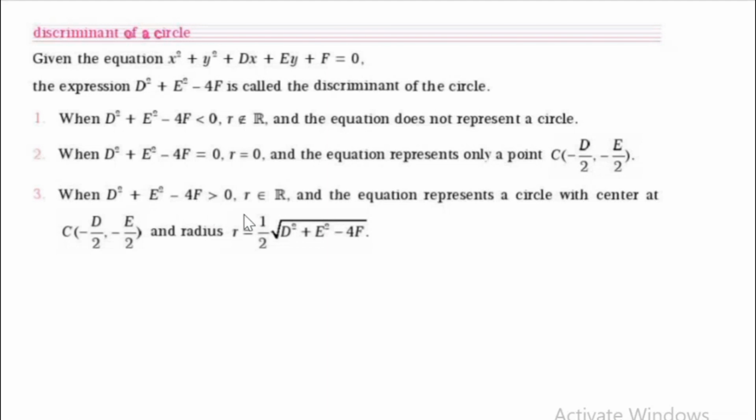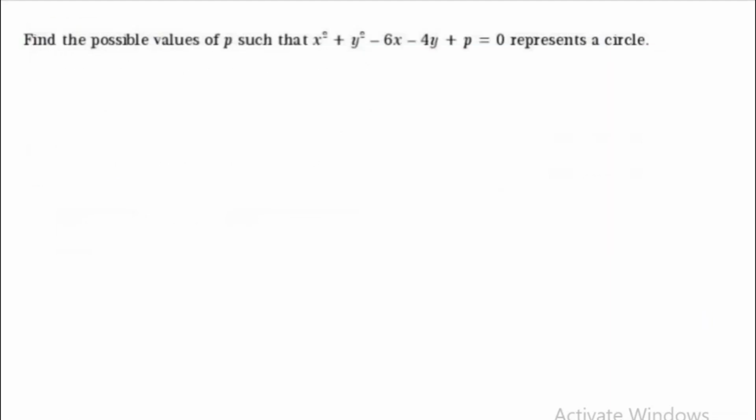Now solving for that, we have d squared plus e squared minus 4f must be greater than 0 to represent a circle. Now let us substitute. The value of d is negative 6.